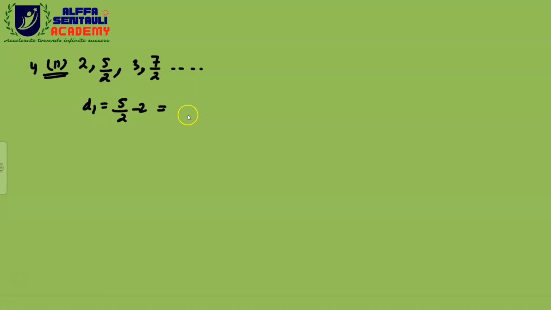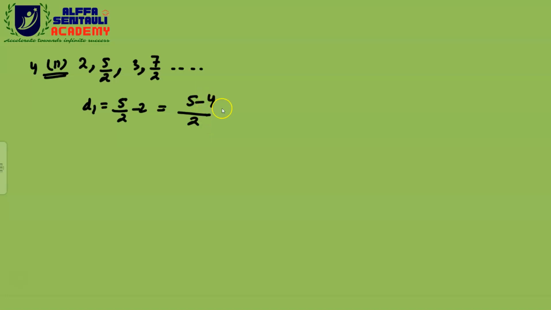Second part of this question, that is, second part is what? Let's check. So common difference D1 should be what, beta? 5 by 2 minus 2. So this is what, beta? 4.